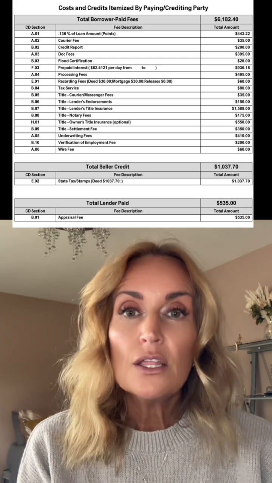Okay? The fees are going to be listed on one more sheet. So we have the loan estimate, we have the fees worksheet, and then there's one more that puts them in different columns. And so it just depends on what kind of person you are as to which is going to make the most sense to you. And I think that's why they do it in several different ways.